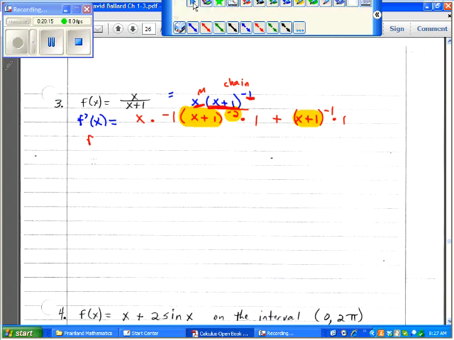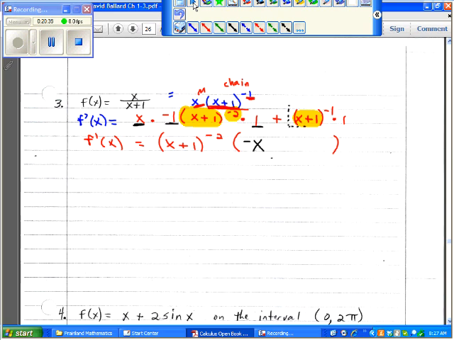So we're going to have f prime of x is, we pull out that x plus 1 raised to the -2. And what we have left here is an x and a -1, so a negative x. It's also a positive 1, so -1 times 1 is -1 times x is -x.